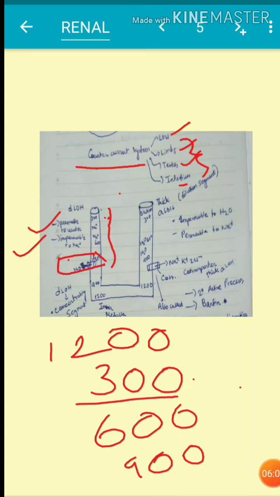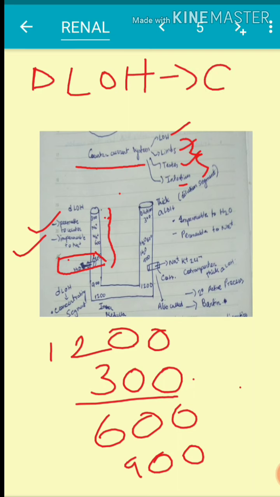So by this we can also say that the descending loop of Henle is the concentrating segment.